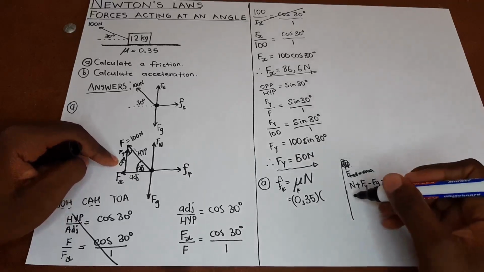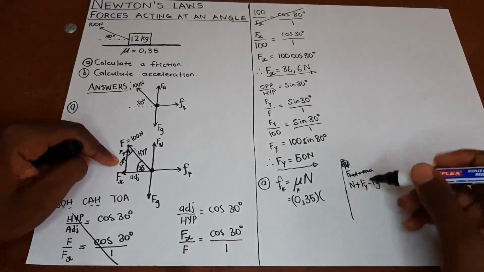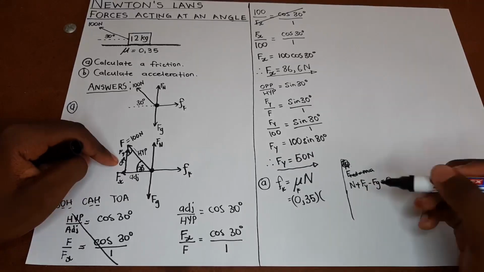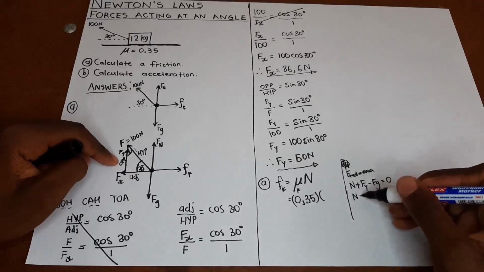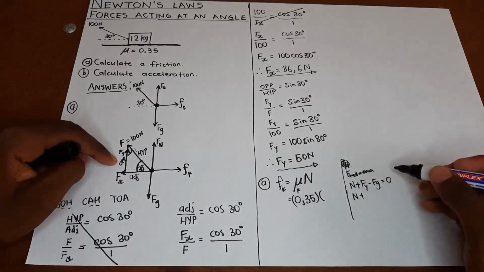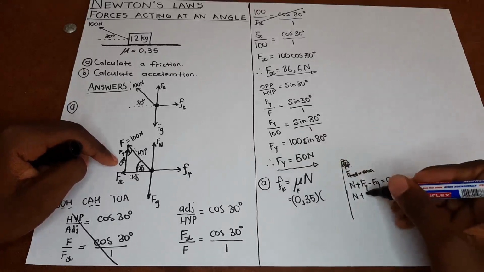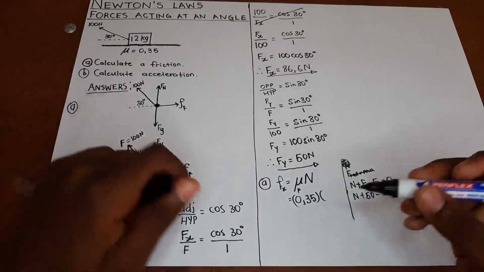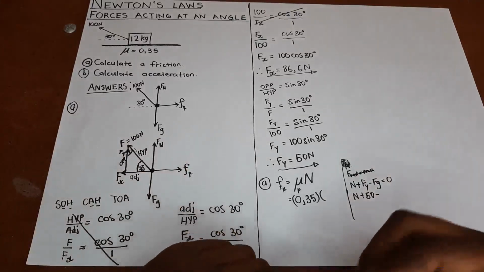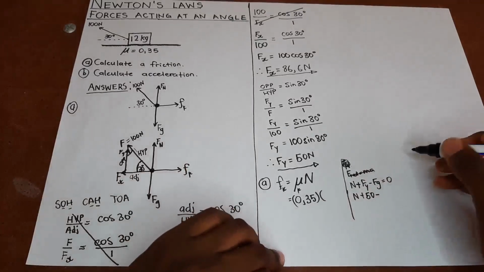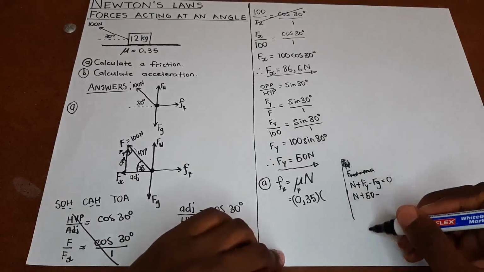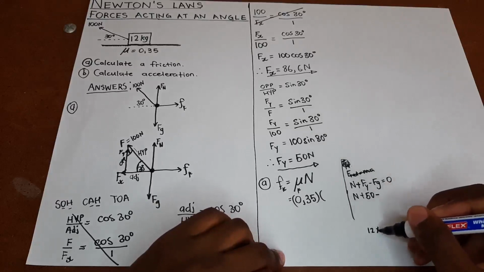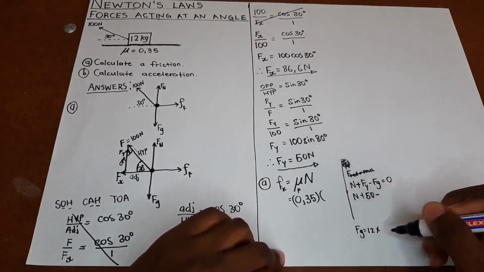You also know that, I believe. So what's our normal force plus what's our Fy? Our Fy is equal to 50 newtons, minus what's our gravitational force there? Our gravitational force Fg is going to be 12 multiplied by 9.8.